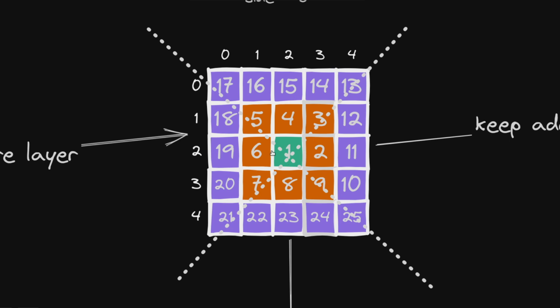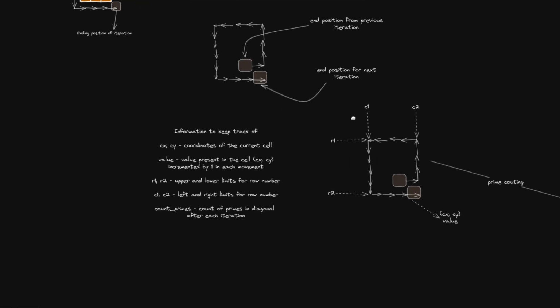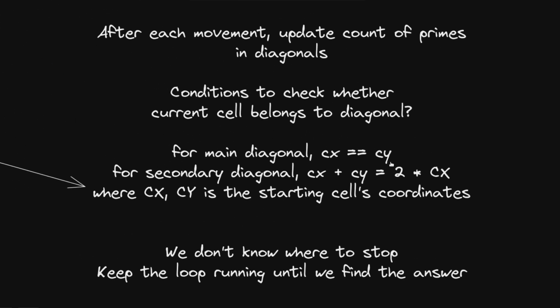Hence the coordinates of the first cell that we have considered are going to be added up each time, and the secondary diagonal will have the property that the sum of coordinates is twice the starting coordinate. So let's also go through that once again. For the main diagonal, Cx will be Cy, and for the secondary diagonal, Cx plus Cy is twice capital Cx, where capital Cx and Cy are the starting cell's coordinates.